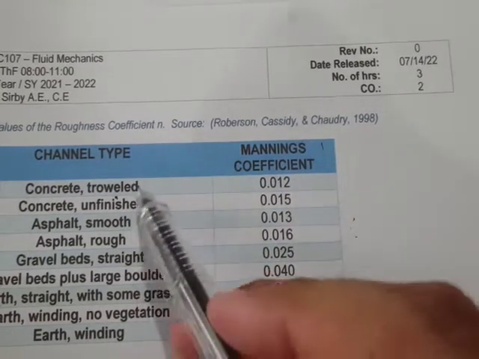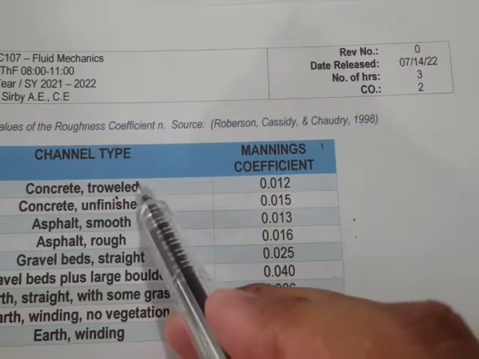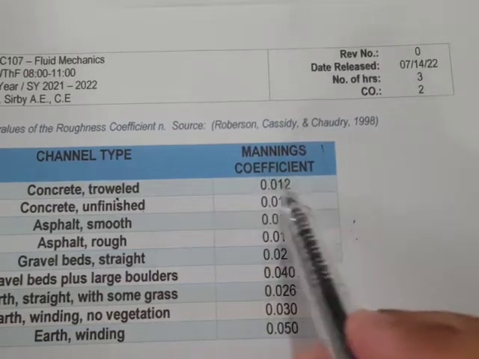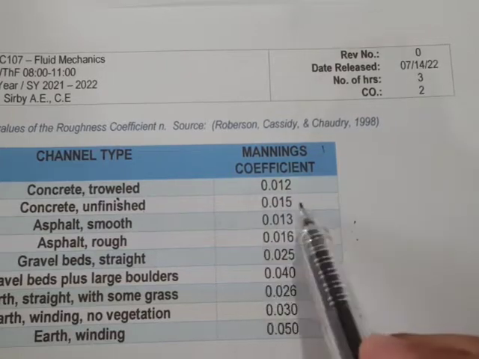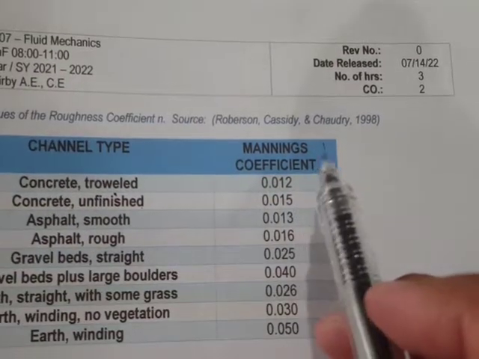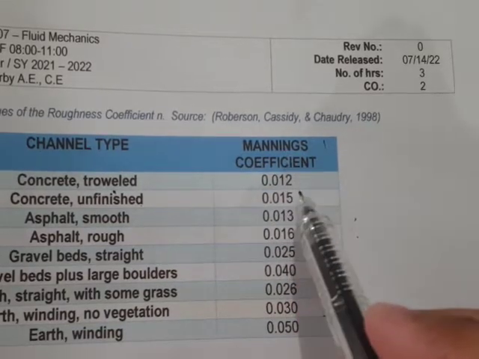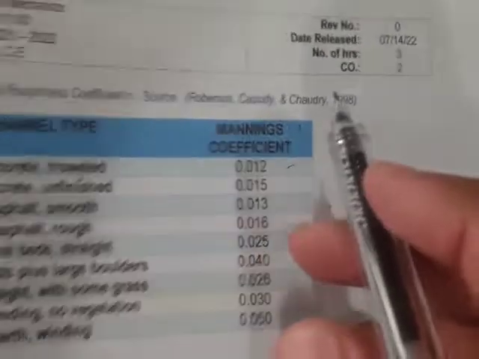If you compare unfinished and finished concrete, you can see that we have a smaller value for a smoother surface as compared to a rougher surface. So the rougher the surface, the higher our number for our Manning's coefficient. Alright, so here's our value, 0.012.